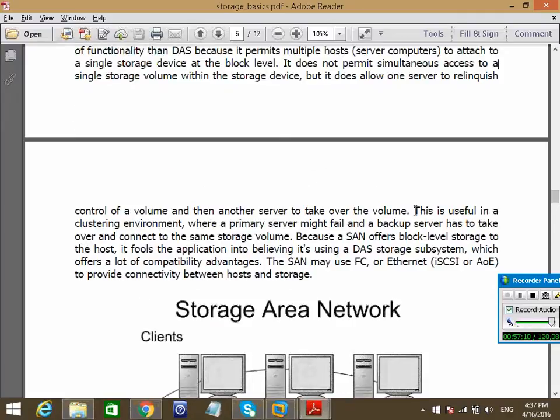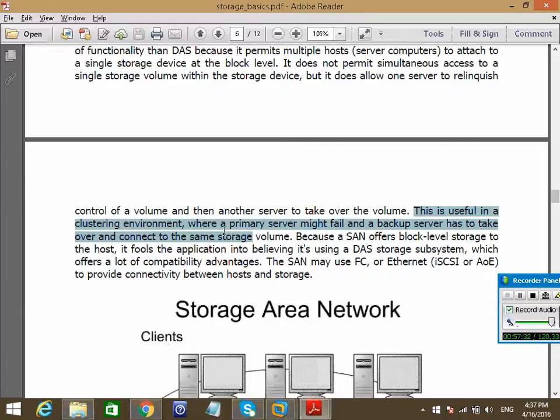SAN is very useful in the clustering environment. That's why for the rack, you will use SAN, you will not use DAS. Where a primary server might fail and a backup server has to take over and connect to the same storage volume.